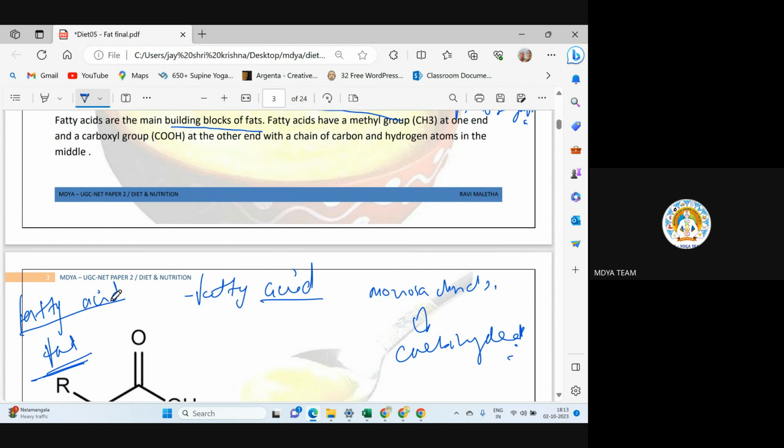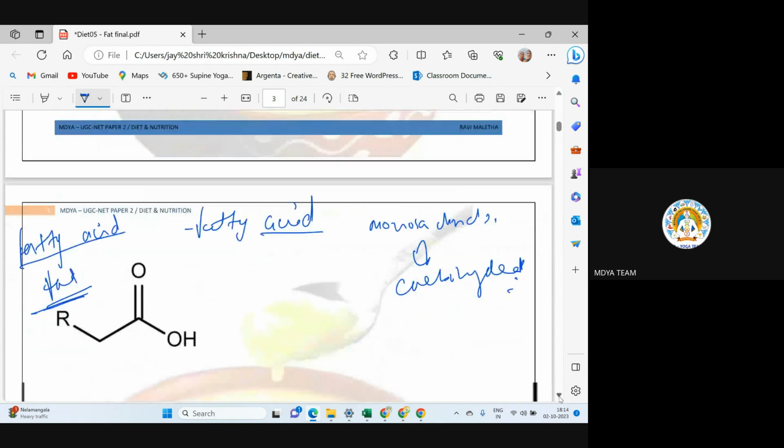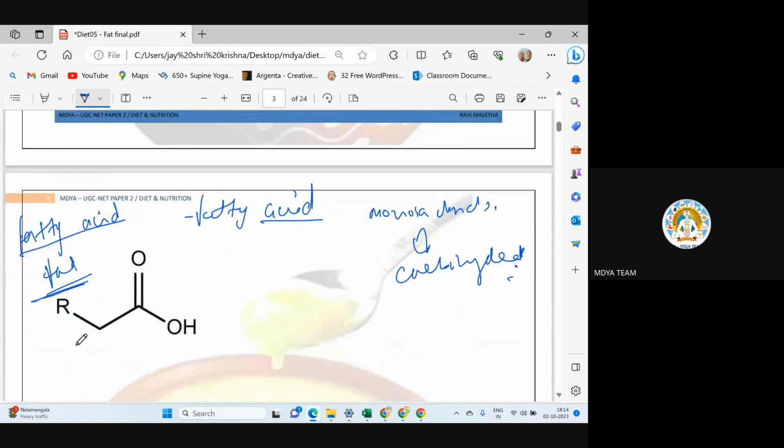Some other molecule will be present to join these fatty acids. So fat is made up of fatty acid as well as some other molecules. These molecules are different according to the type of fat. We will discuss this later, then you will be more clear on this. So this is the structure of fatty acid, not the structure of fat.